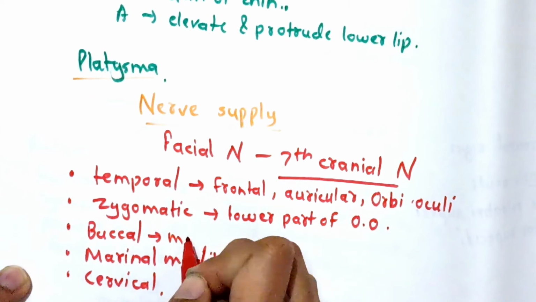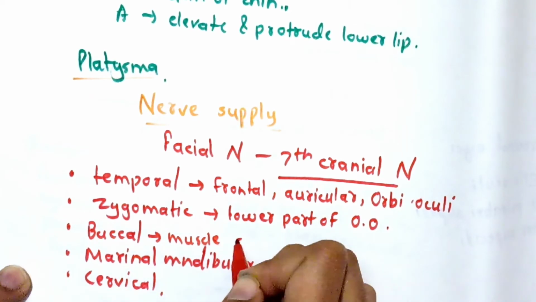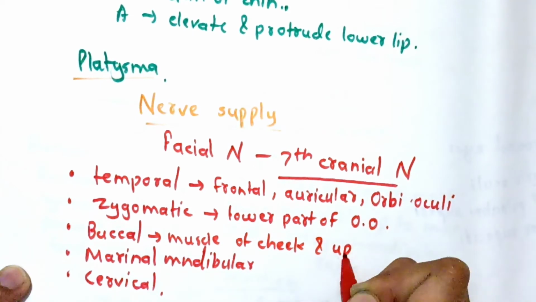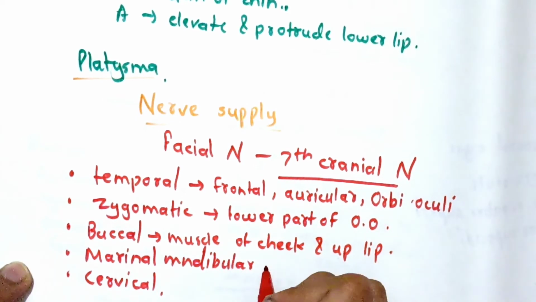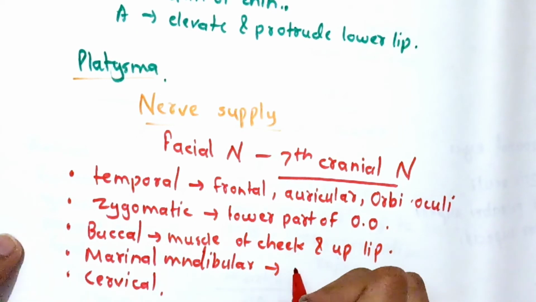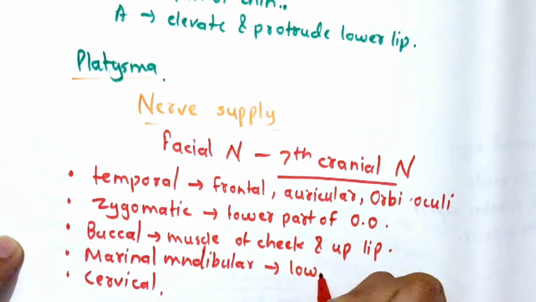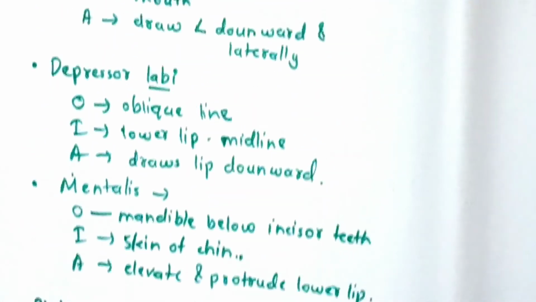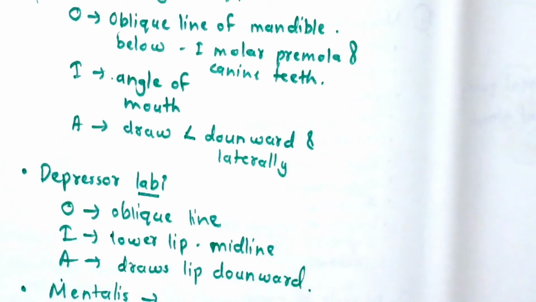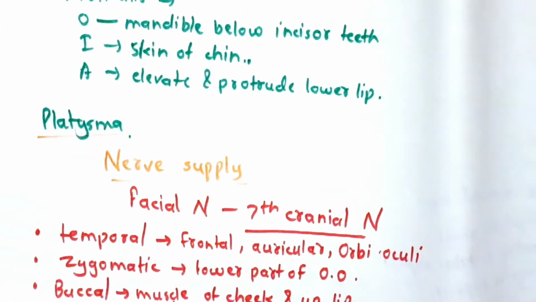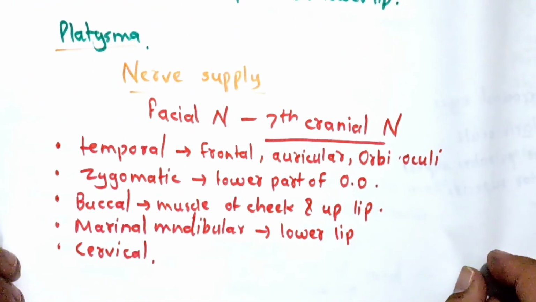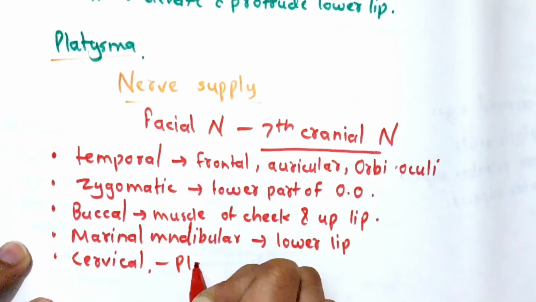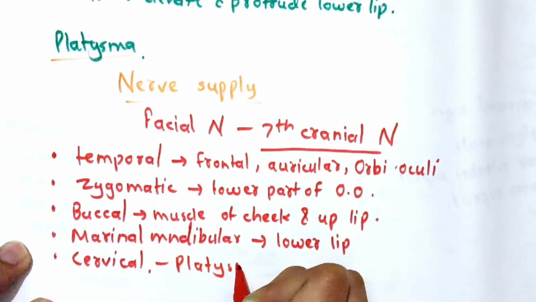So the muscles of cheek and upper lip will be supplied by the buccal branch. The marginal mandibular will supply the muscles of lower lip. These muscles which we have studied now, depressor labii and depressor anguli oris, risorius and mentalis muscle, and the cervical branch will supply the platysma muscle.